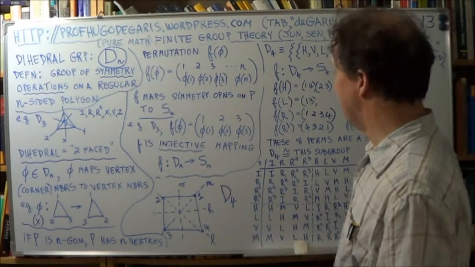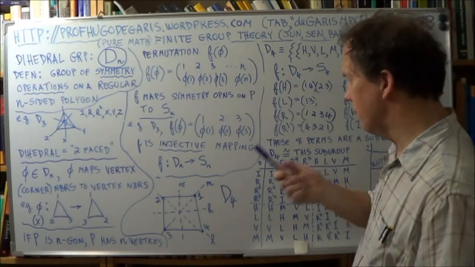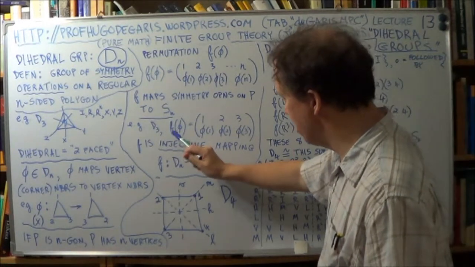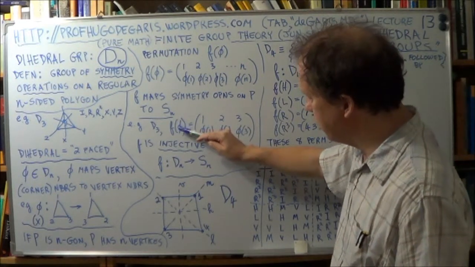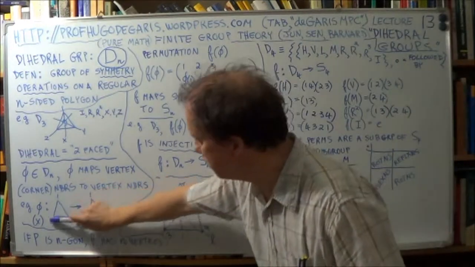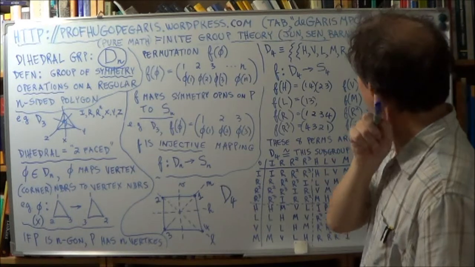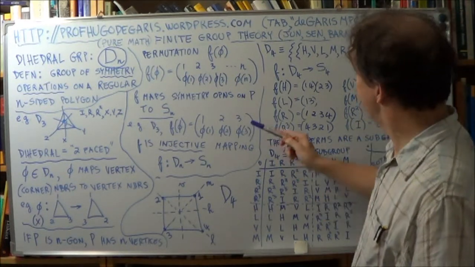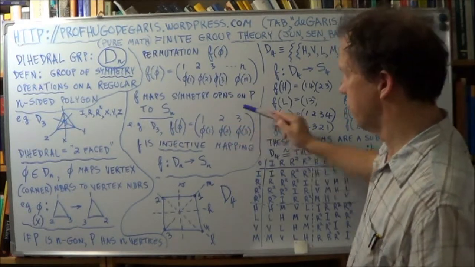All right. So this permutation here maps vertex numbers into vertex numbers, and that's what we're used to from the earlier lecture.